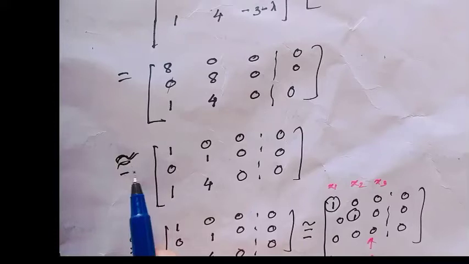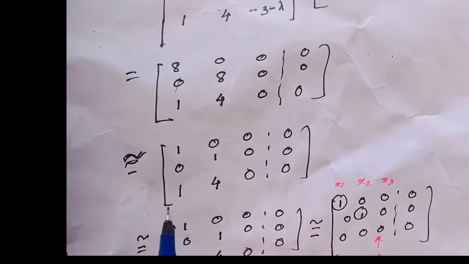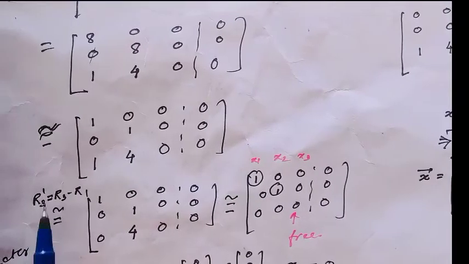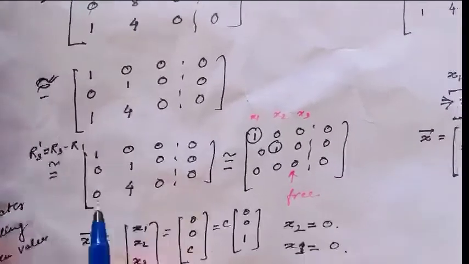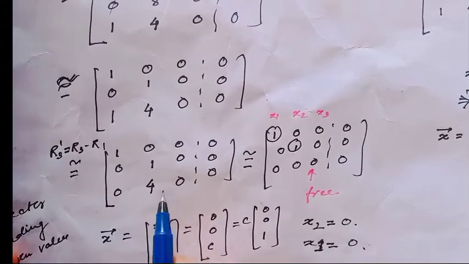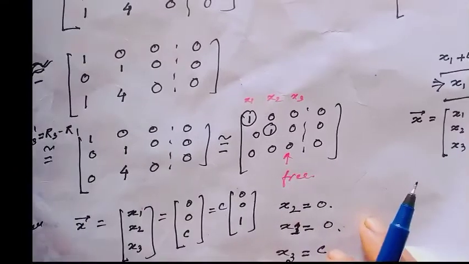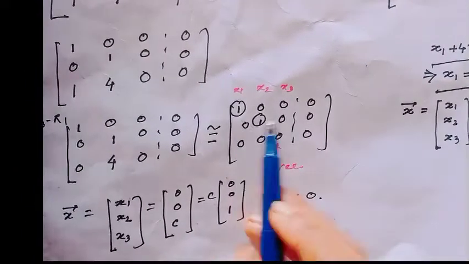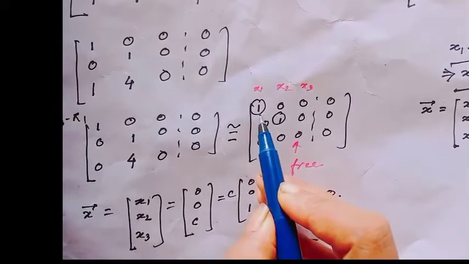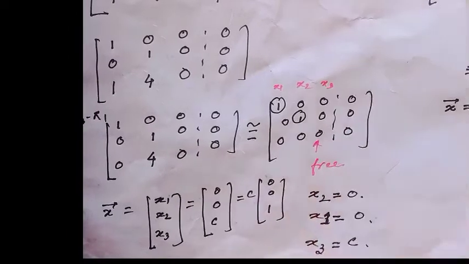That means this is equivalent to 1 0 0, 0 0 1, 0 0 1 4 0. And if we reduce R3 dash equal to R3 minus R1, then the third row would be 0 4 0. Then our original matrix after reducing is 1 0 0, 0 1 0, 0 0 0. Here x1 and x2 are pivots and x3 is a free variable.